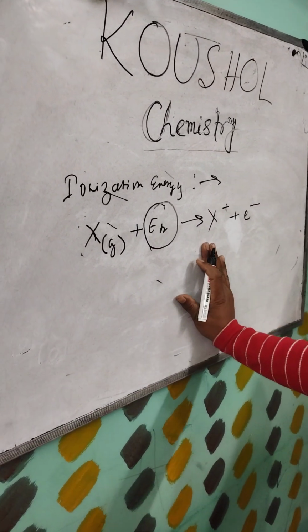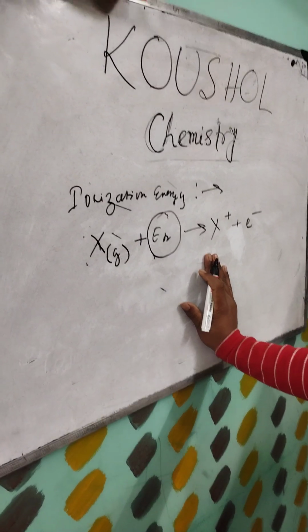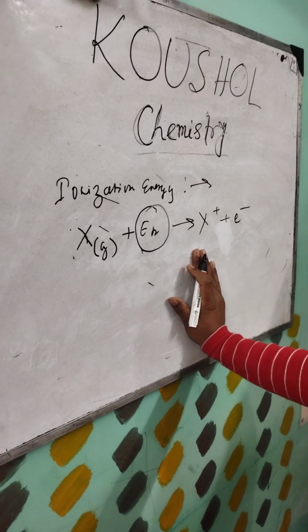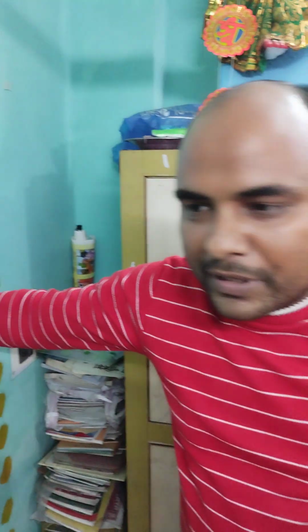Ionization energy is a periodic function, and it increases from left to right along a period, and decreases down a group.